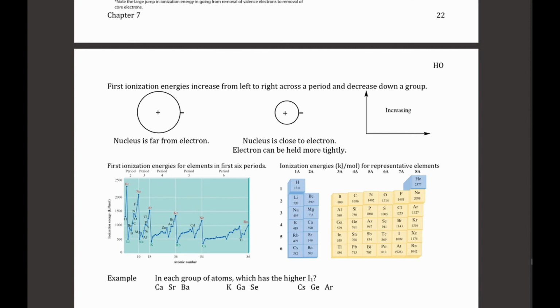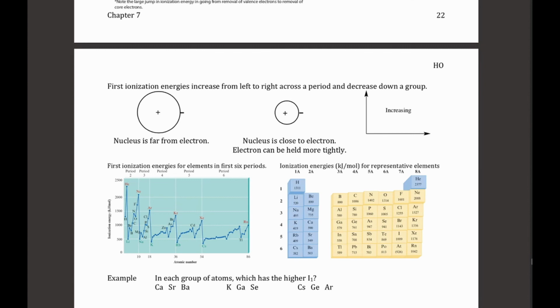When we have the nucleus close to the electron, like we do with neon in comparison to lithium, the attraction is greater because they're closer to each other, so it's held more tightly. So our trend is to increase like this.